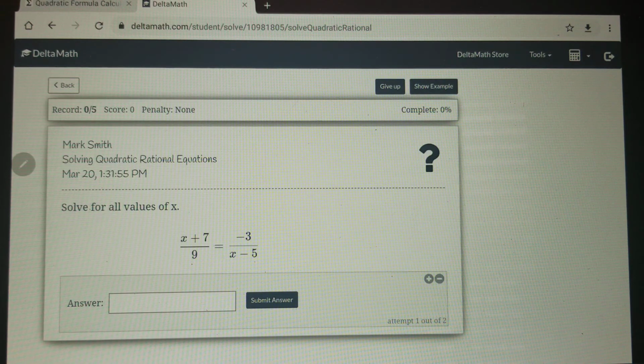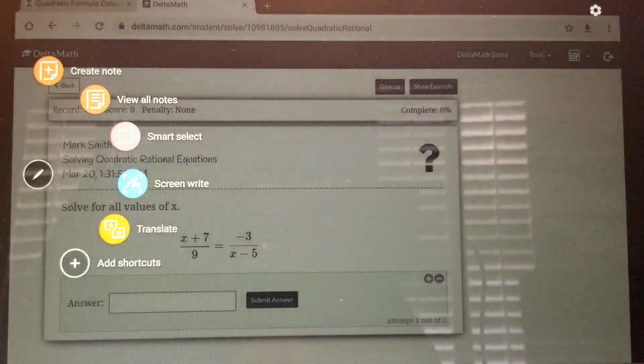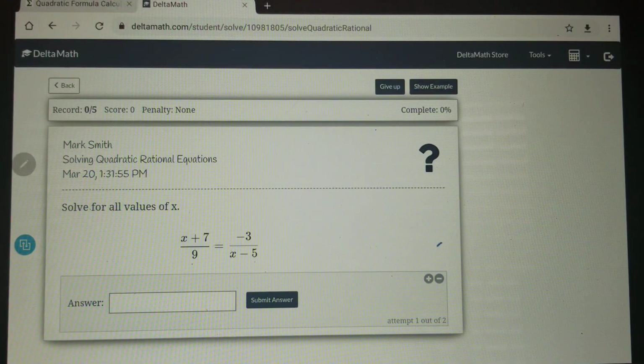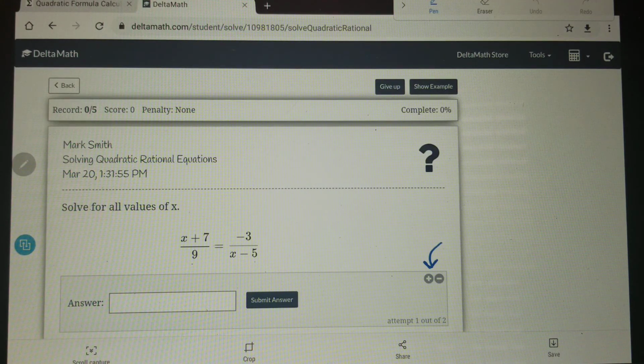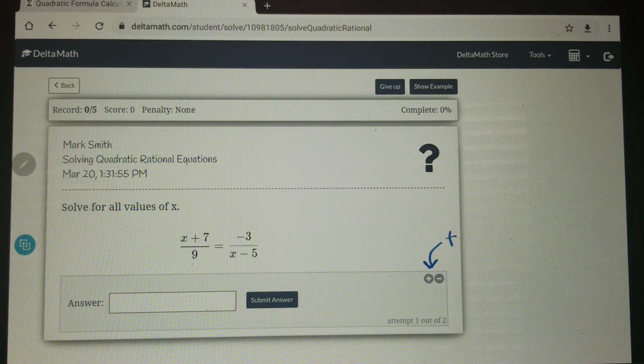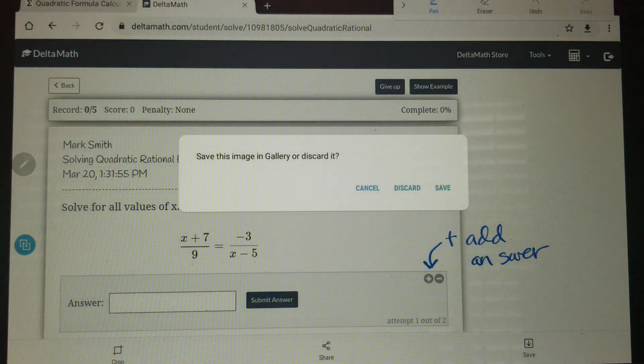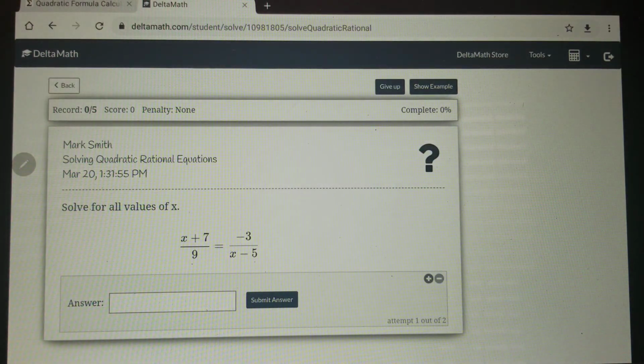Now, it's important. We have 2 answers, and there's only a blank here for 1 answer. Right here, there's this little plus sign, to add an answer. So since we have 2 answers, we are going to hit that plus sign, and it's giving us room for 2 answers.